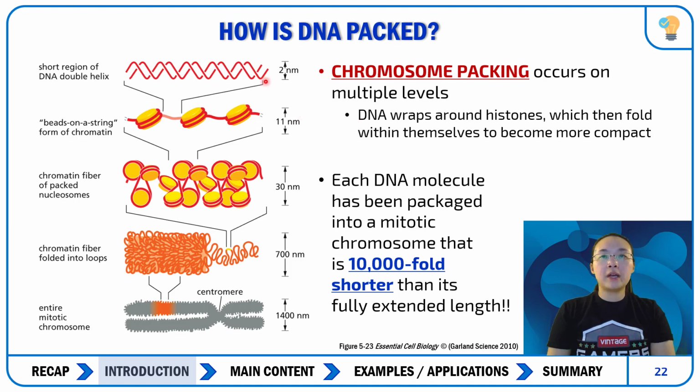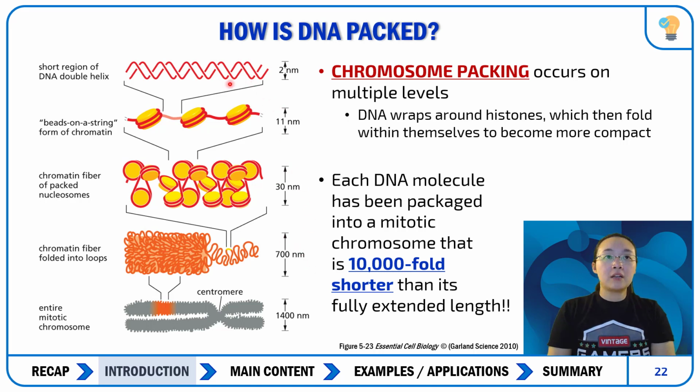So here we've posed the question, how is DNA packed? You saw that chromosome before in that picture, but how does DNA get from a double helix to that? So in terms of what's happening, your DNA double helix has a width of 2 nanometers, very small. And additional packing is going to occur at each level.